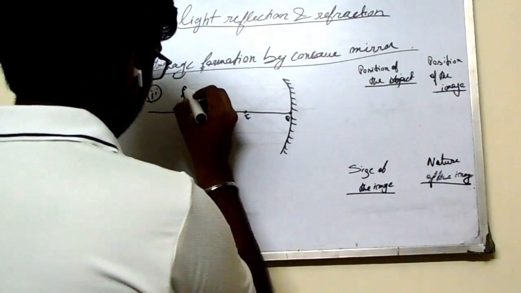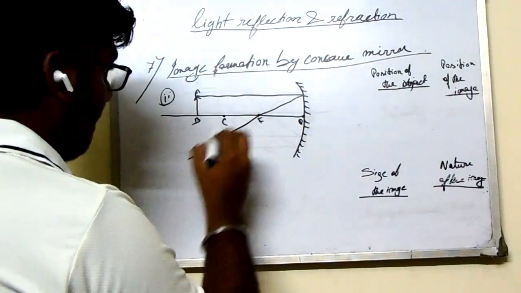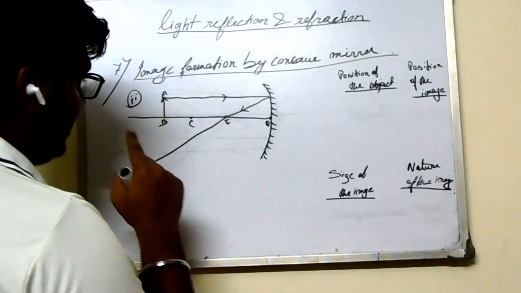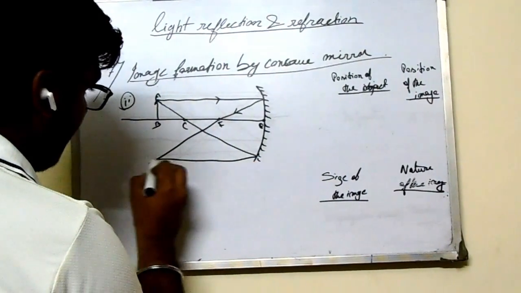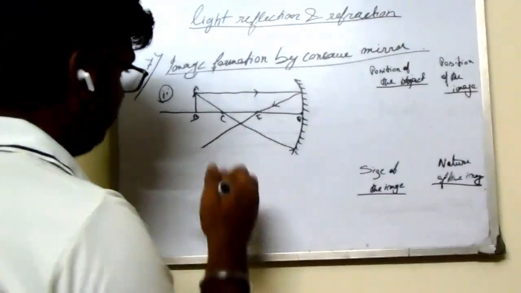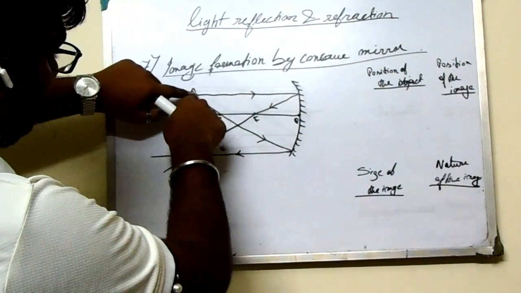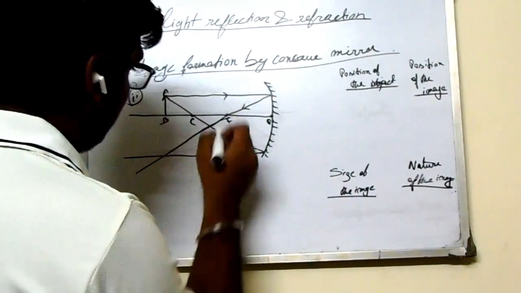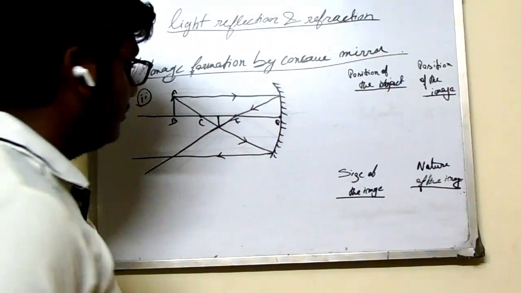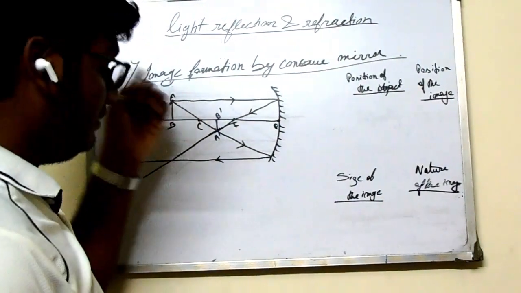A, B. The first ray goes this way, reflects and passes through F, and the second ray passes through C. Where these two rays are meeting, here it is meeting, A dash, B dash, and it is forming below the principal axis.